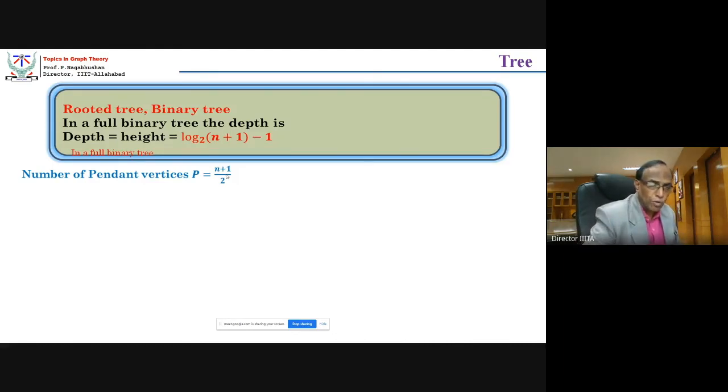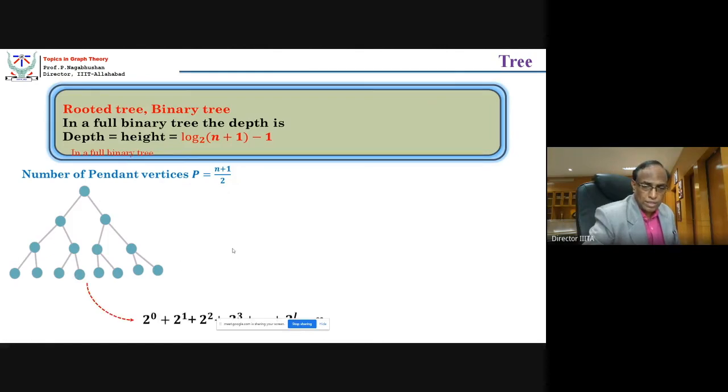Let us see what a full binary tree is. This is the full binary tree, you know that. And you can count that the number of pendant vertices is the total number of vertices plus 1, by 2. All right. Of course, this full binary tree has many levels.